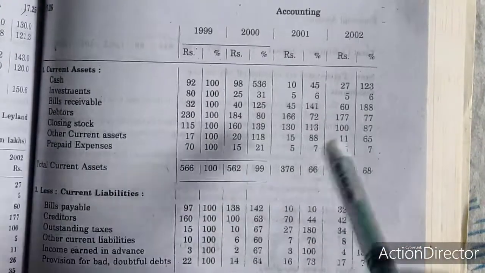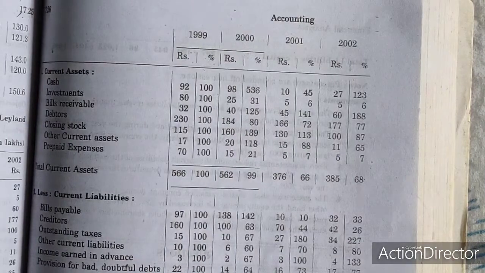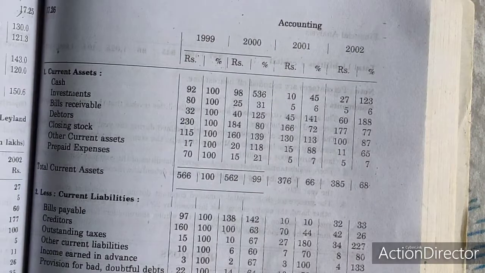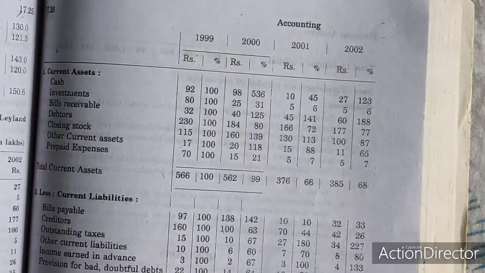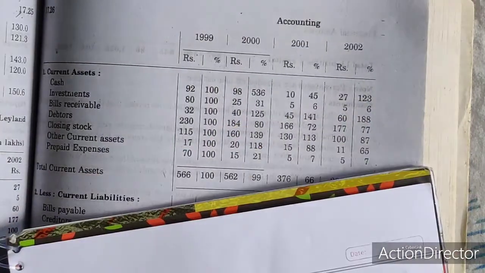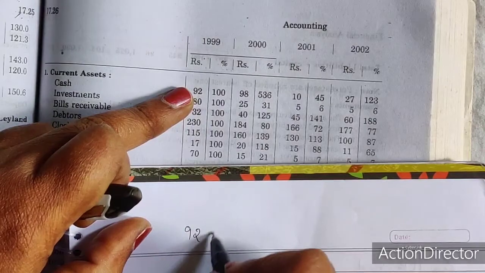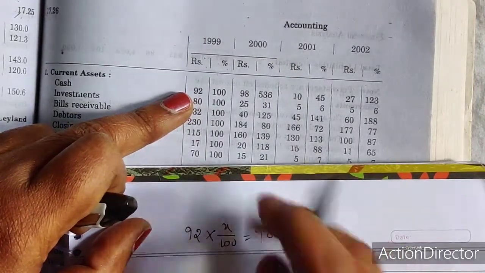And we need to find out the other years' information against the base year. We need to find out the percentages. See here. So here we are given 92 as 100. 92 into x by 100 is equal to 98.